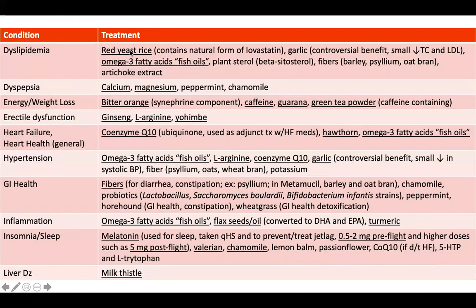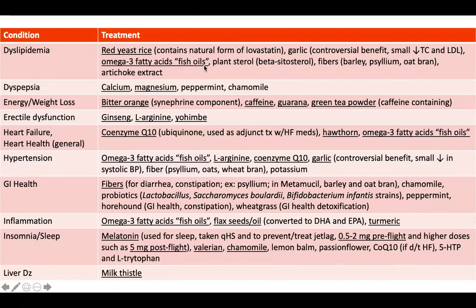Dyslipidemia, so red yeast rice, although not all of these over the counter are said to contain this lovastatin, so it might not actually work that well. I will say, since I'm saying this, none of these supplements are actually proven to work anyway, and I think that we need more studies in this field. I think that would be good for this field.